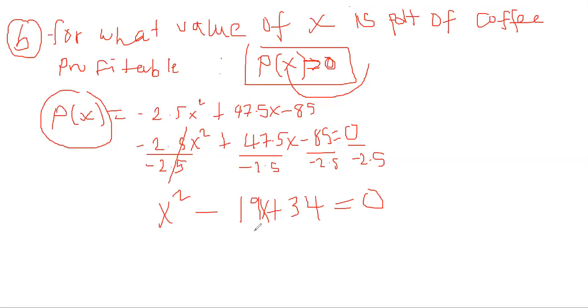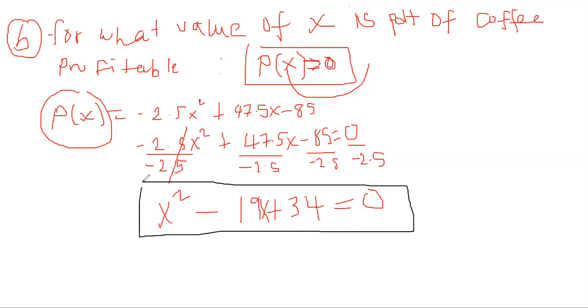Now we have this. To solve this, you have different methods. You have the general quadratic formula, completing the square, factorization. So I will quickly use the factorization before we run out of time. So here, if we factorize it, we'll have x minus 2 and x minus 17.